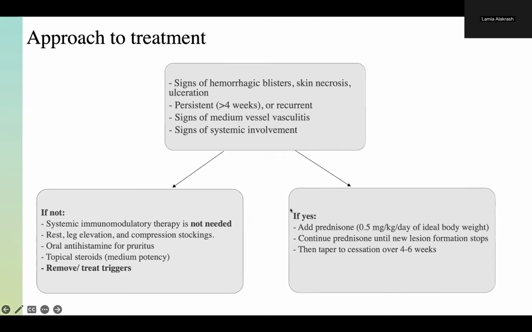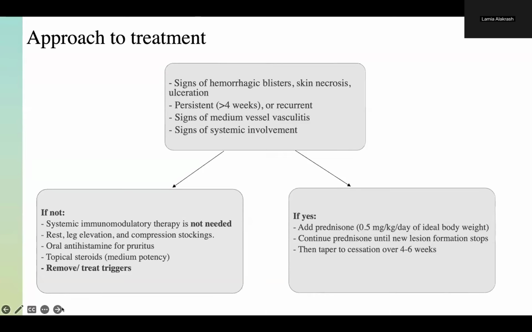Again, the approach should be individualized for each patient. But as a classic treatment, if inflammatory vasculitis is there, systemic steroid, because you want something strong to suppress inflammation. But keep in mind, steroid is just a temporary treatment. It should be tapered over 4 to 6 weeks.